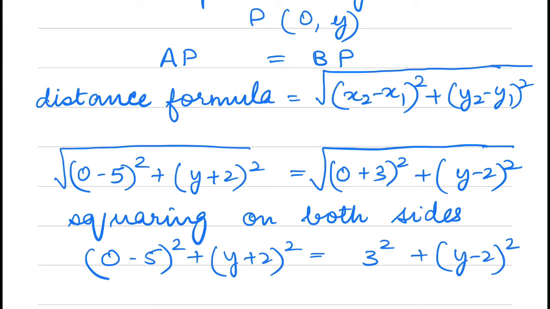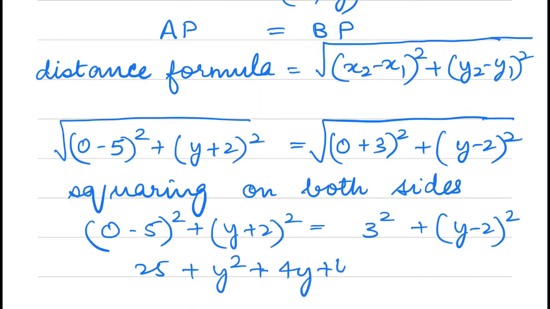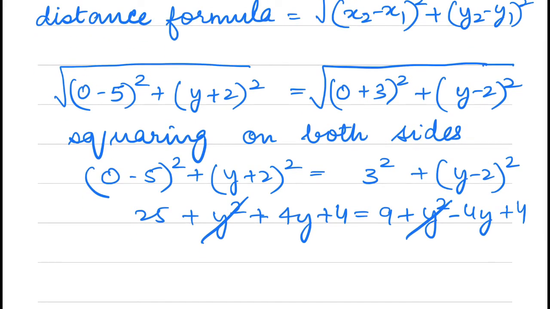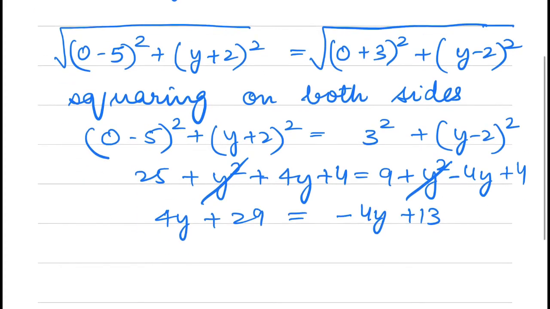Now this is minus 5 square, so 25 plus y square plus 4y plus 4 is equal to 9 plus y square minus 4y plus 4. y square gets cancelled, and we have 4y plus 29 is equal to minus 4y plus 13.